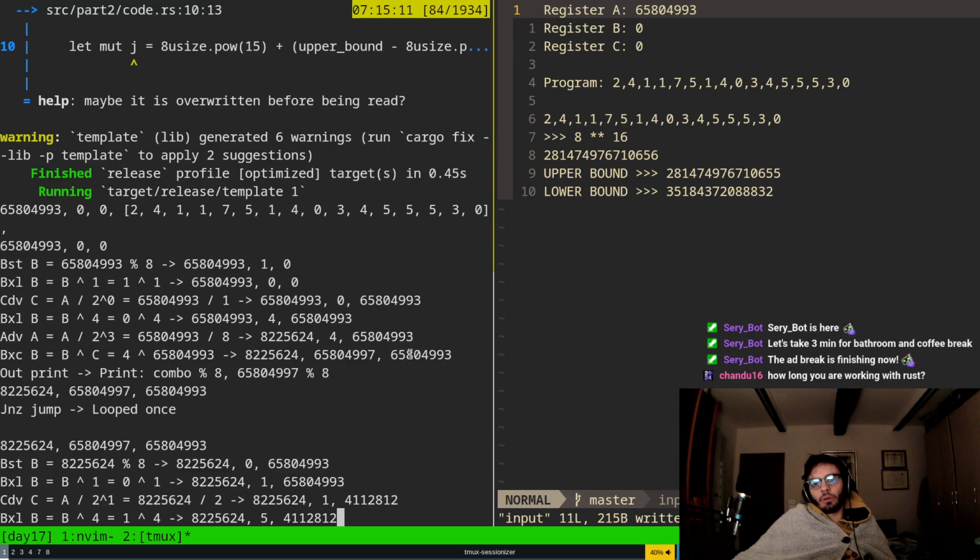At the end we're ORing A and B. Now to be fair in all of this, the big deal are the last three bits, because we're outputting the last three bits over here.